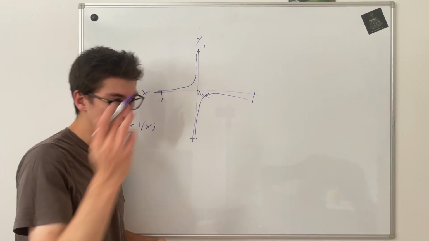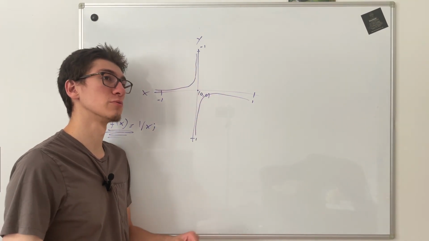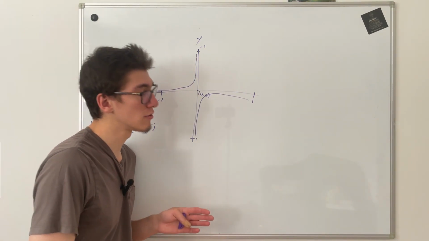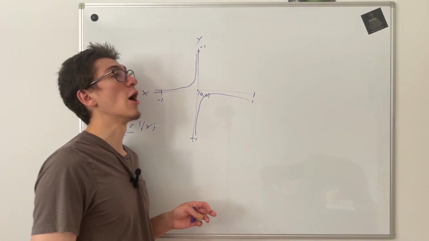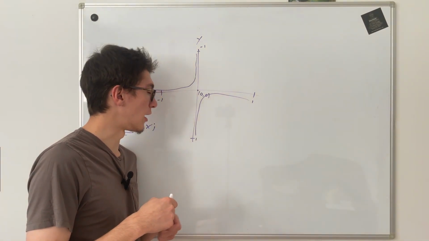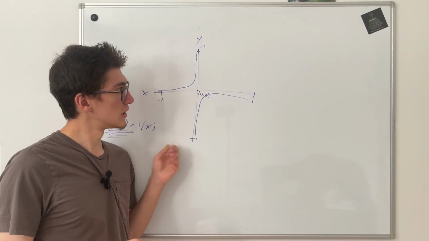Eventually we'll be splitting that into 2 for loops. One that goes up to 0, not including 0, and one that goes up to width divided by 2, not including 0, basically. So that's the goal.